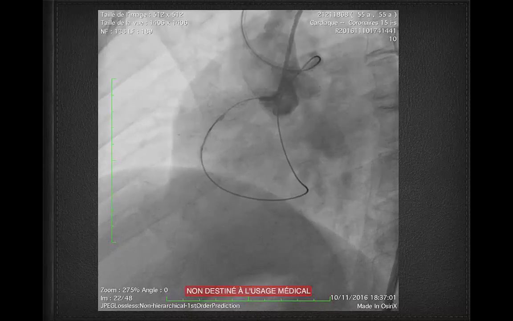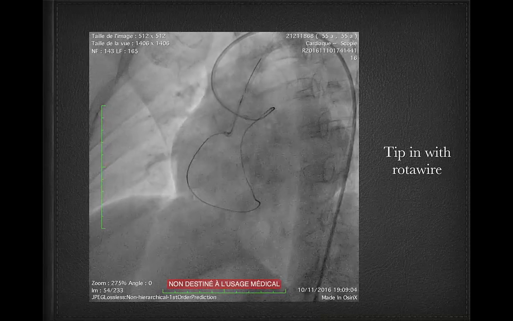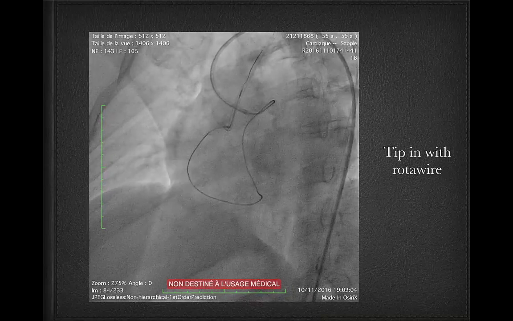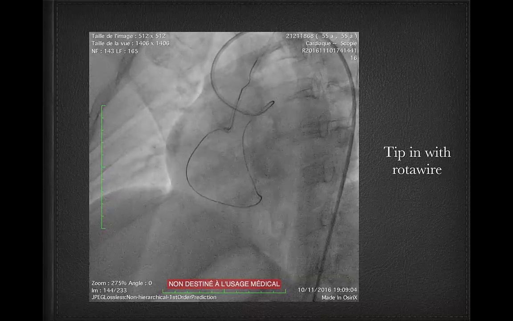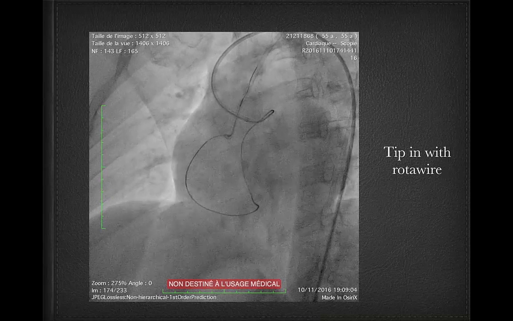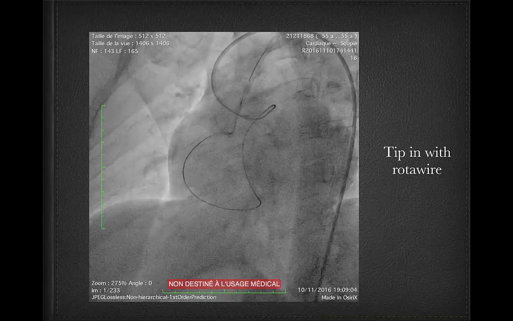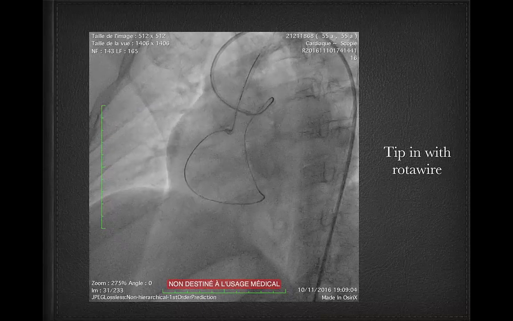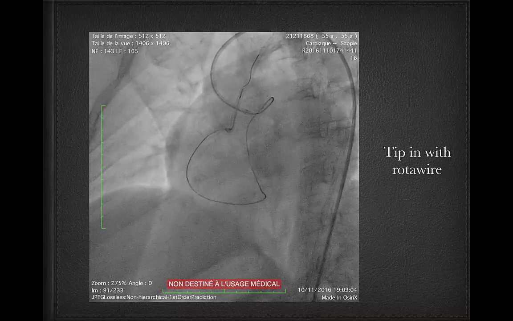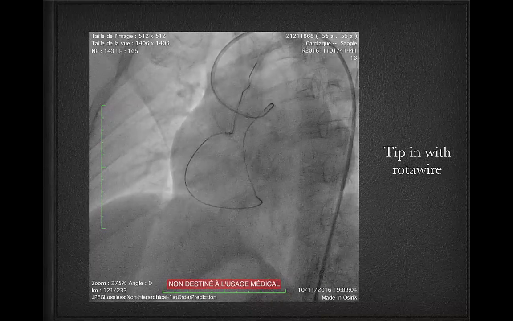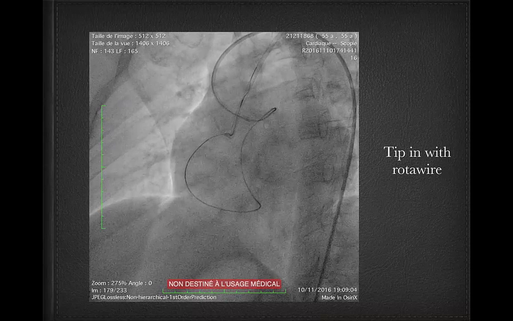So this is the RotaWire and the tip of the Corsair, and you see I try to get inside the Corsair with my RotaWire. So now you are in, up, and now it's easy. The RotaWire is in place. Then you remove your Corsair, and you are now in an antegrade situation.